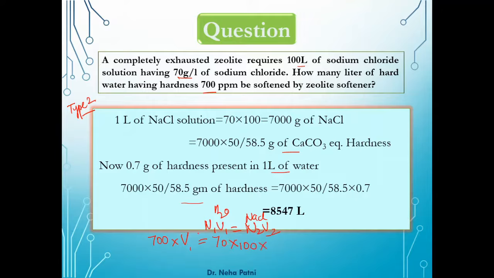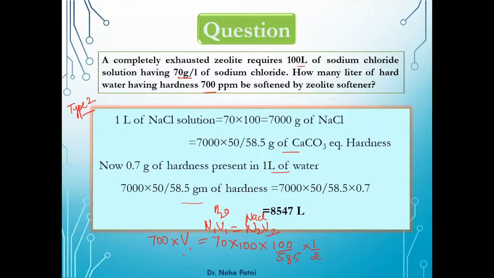Now you have to equate these. So you have to write this NaCl into CaCO3 equivalent. So you have to multiply it with a multiplication factor so that it gets converted into CaCO3 equivalent. I guess you don't forget that you have to multiply it with the valency factor also in order to equate this NaCl to the hardness of water present.